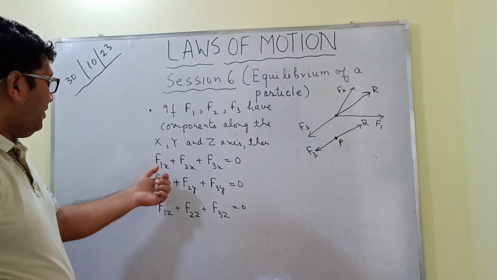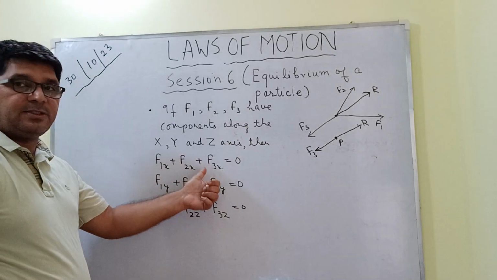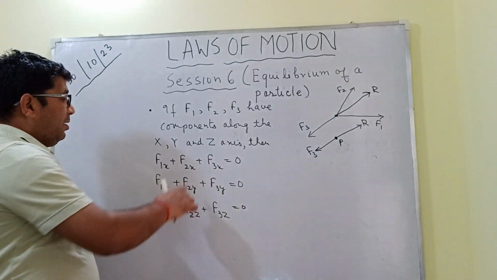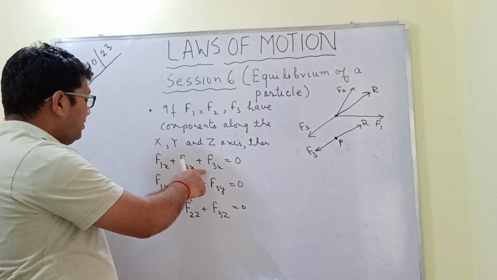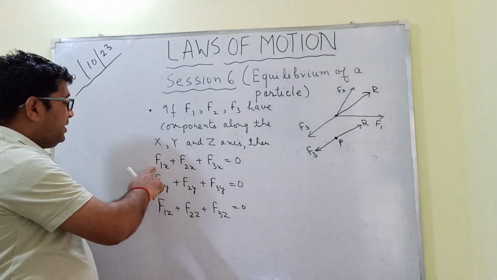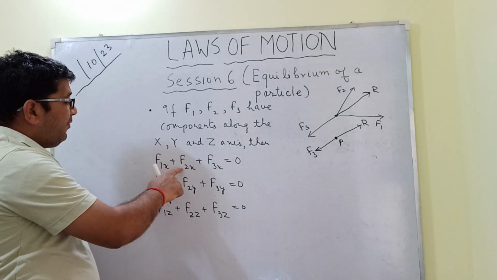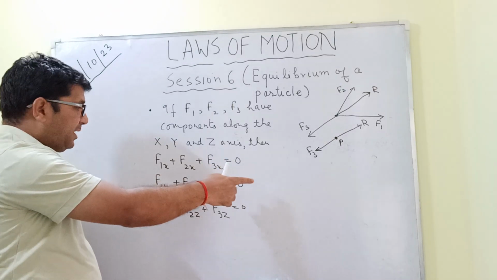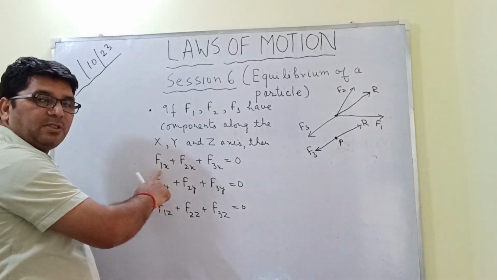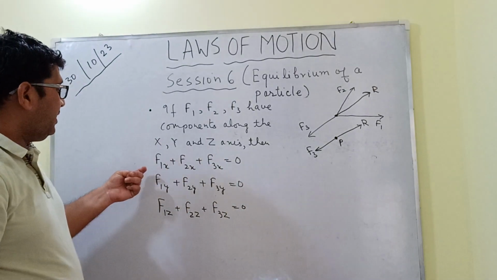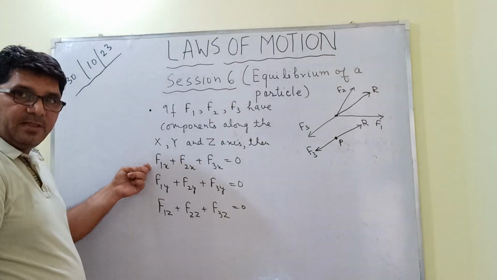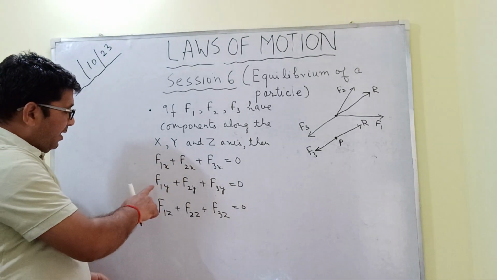Now here, what are 1x, 2x and 3x? These are the components of the forces F1, F2 and F3 along the x-axis. This F1x is the component of the force F1 along the x-axis.